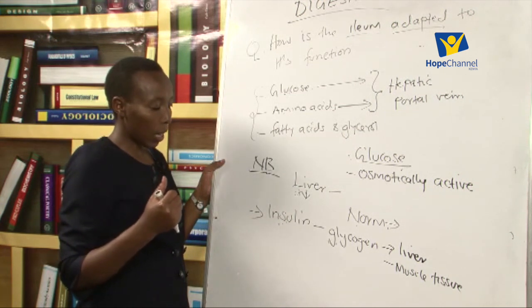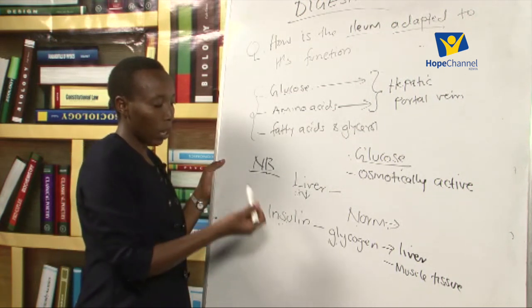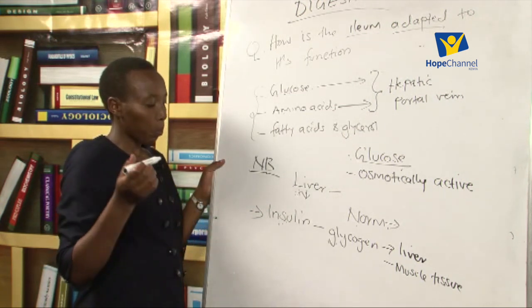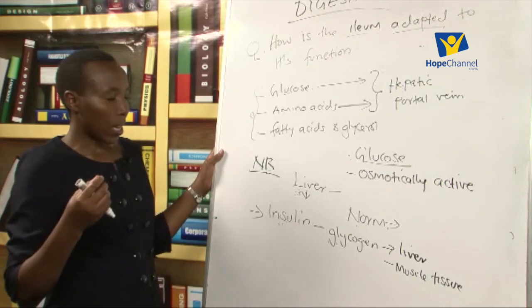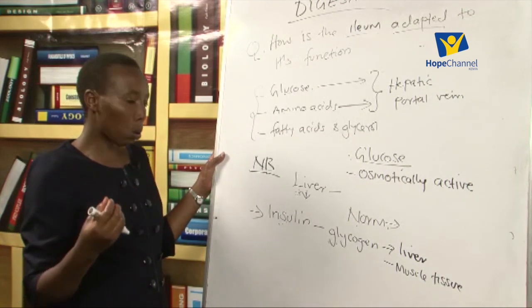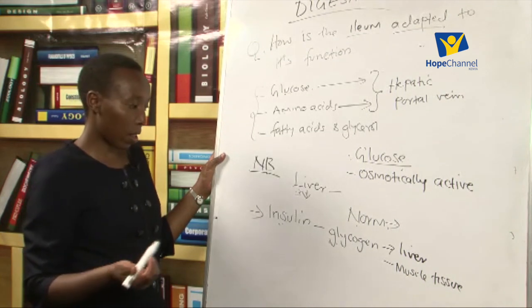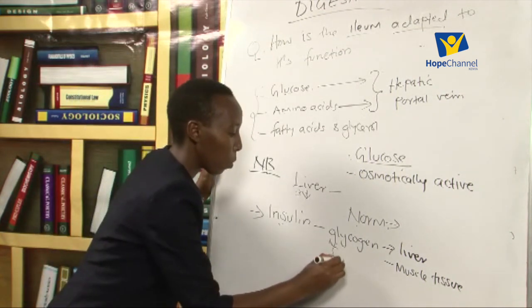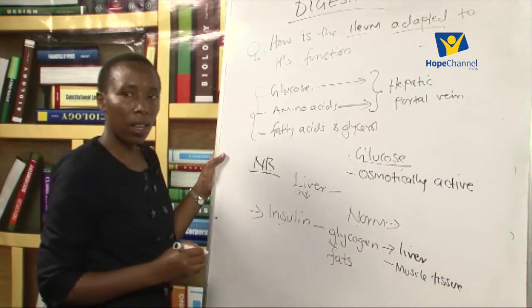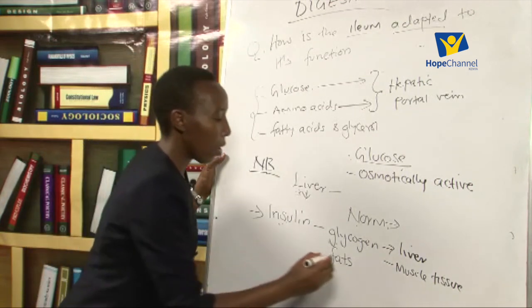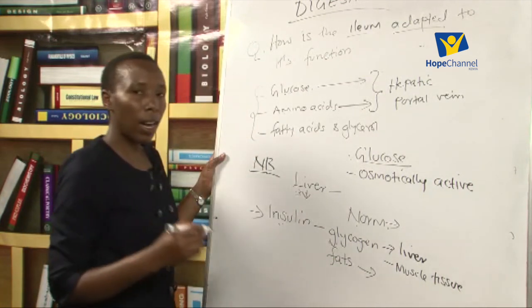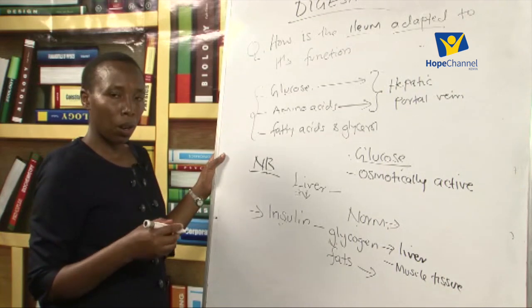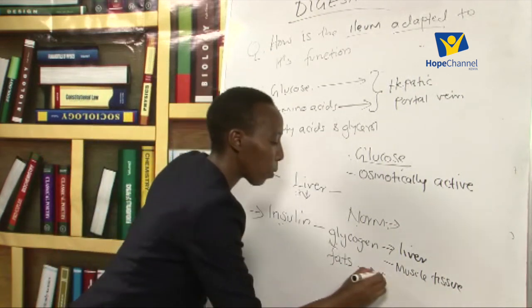And thirdly, you realize that insulin will also convert some of the excess glucose into fats. Some of them will be converted into fats. Then the fats will be stored in the skin tissue, especially at the adipose tissue.